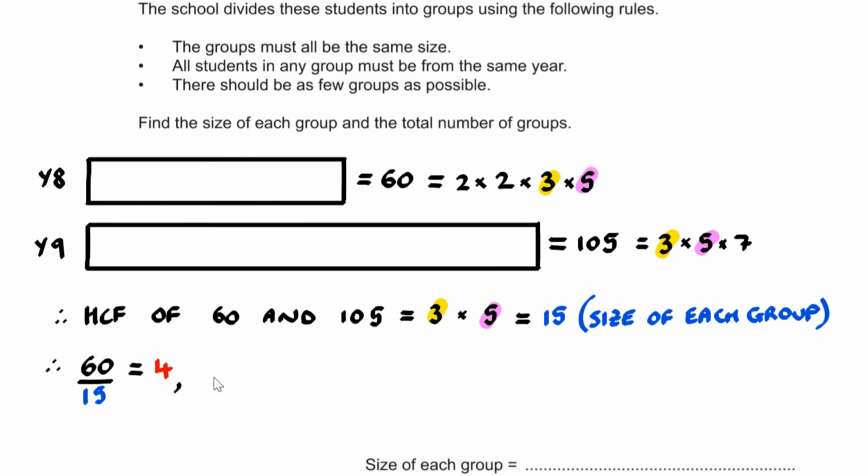And if I do 105 divided by the 15, it turns out we get 7.